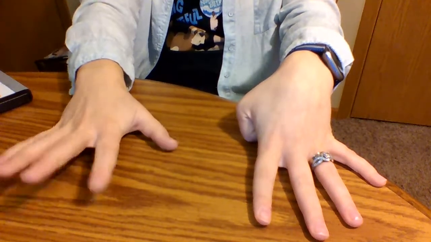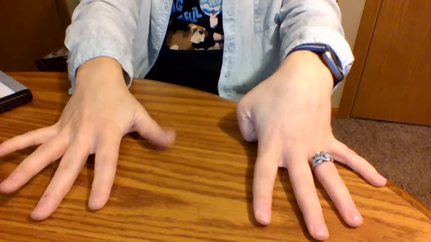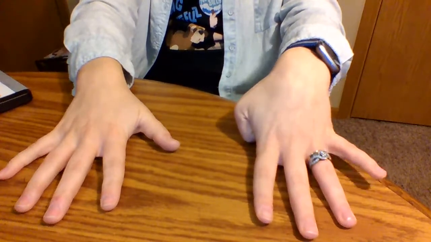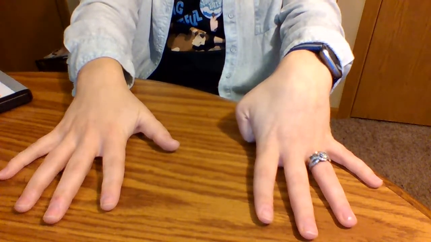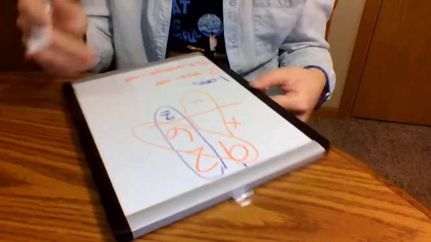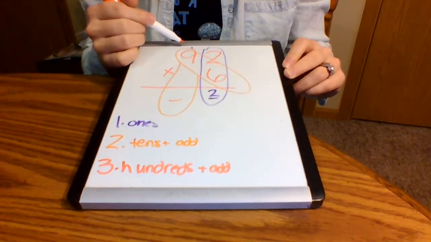How many do I have on this side? 1, 2, 3, 4, 5, space, 1, 2, 3, 4. So my answer is 54. And I have to add 1 to it because I have my 1 up here.